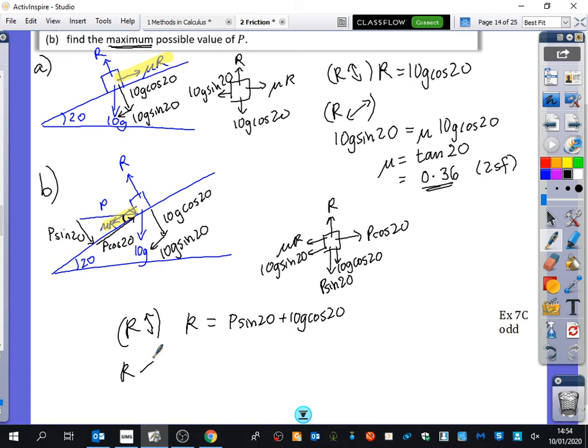Now I can resolve in the left and right direction, and I can see, because it's still in equilibrium, P cos 20 is equal to 10g sine 20 plus, what was mu? Tan 20. Remember we worked out what mu was. So it's plus mu R.